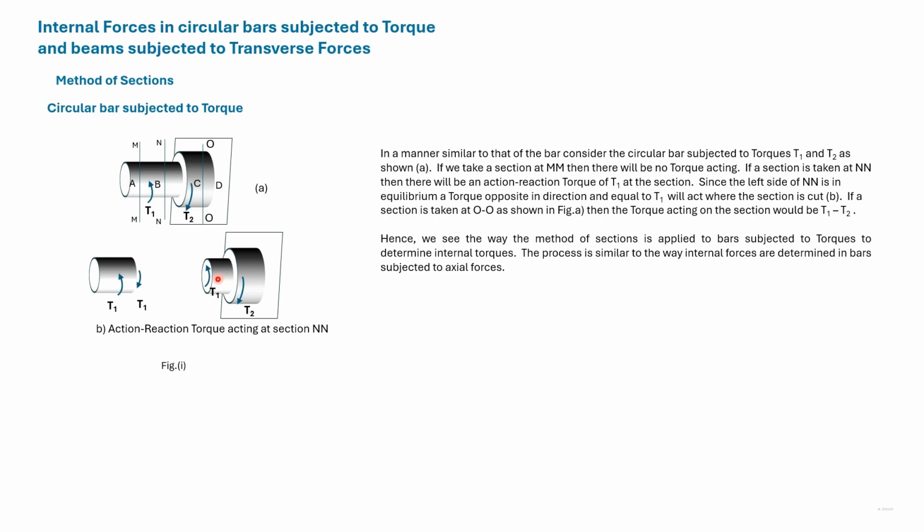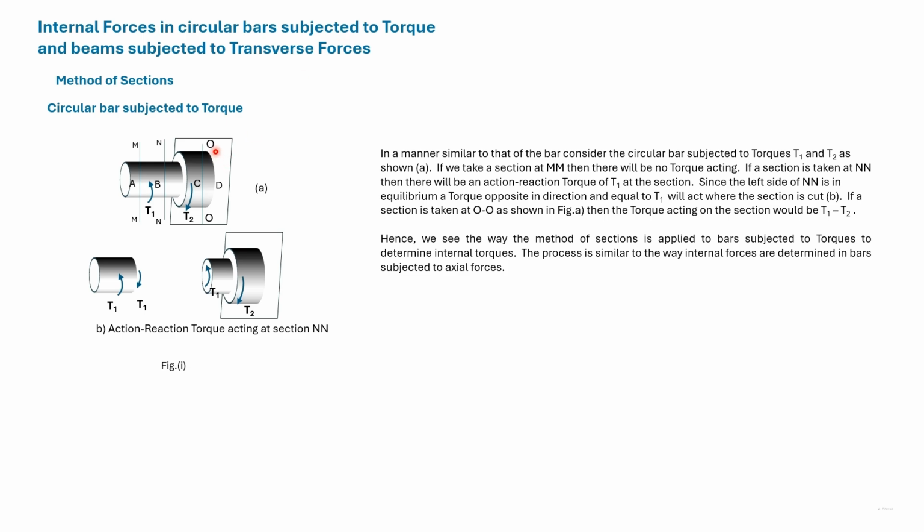On the face of the right-hand portion, there will be a torque T1 acting in the opposite direction to the left-hand face. So these two torques on the left-hand face and the right-hand face form an action-reaction pair.